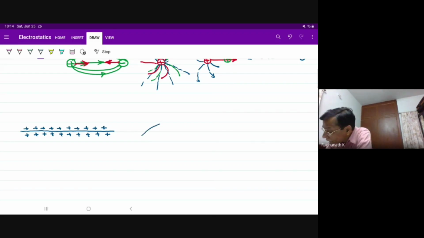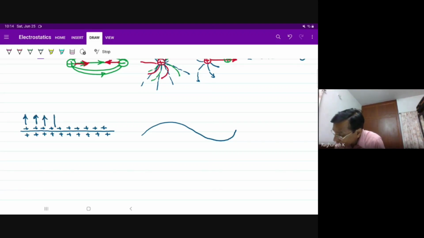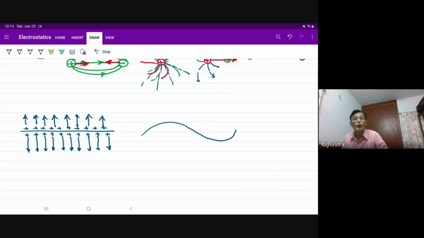If I take a curve, because here the flux lines get emitted like this, half of the flux lines will go up into the medium, half will go down into the medium. The flux that comes out from a surface always comes in a direction perpendicular to the surface. I told you. Here there is no conflict.